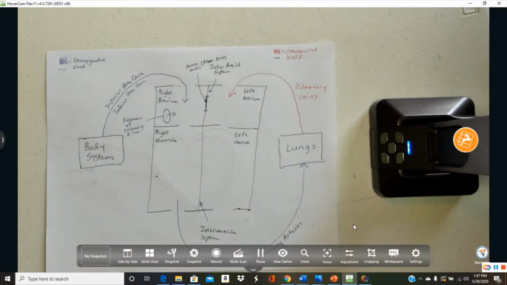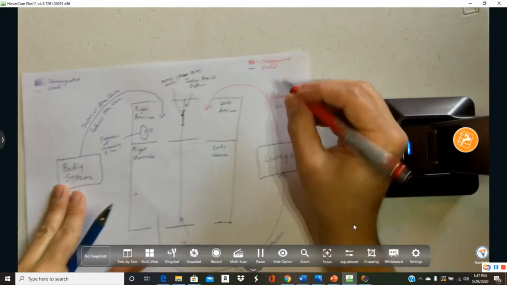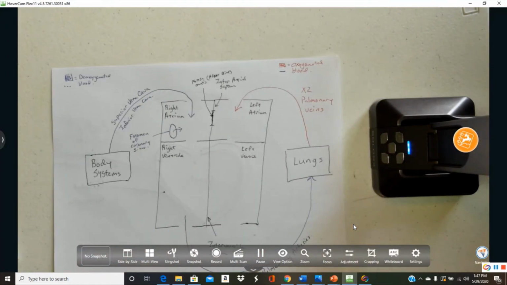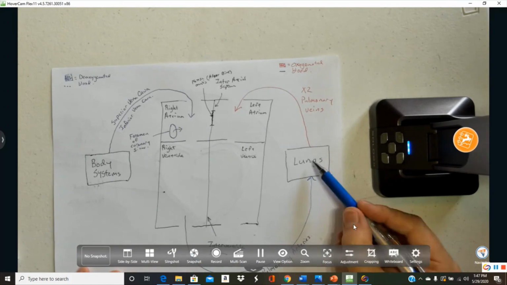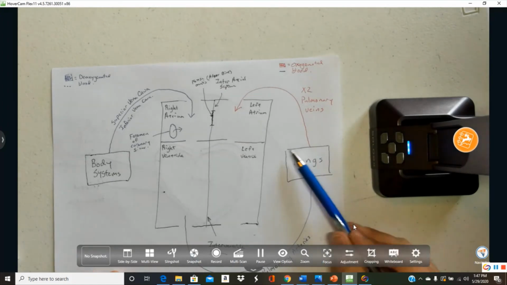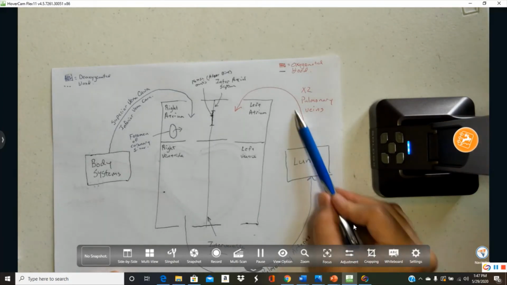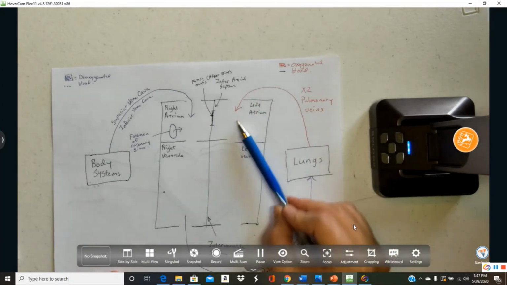There are actually 2 pulmonary veins on each side. The lungs take in the oxygen, oxygenate the blood, and bring that oxygenated blood into the atria here.